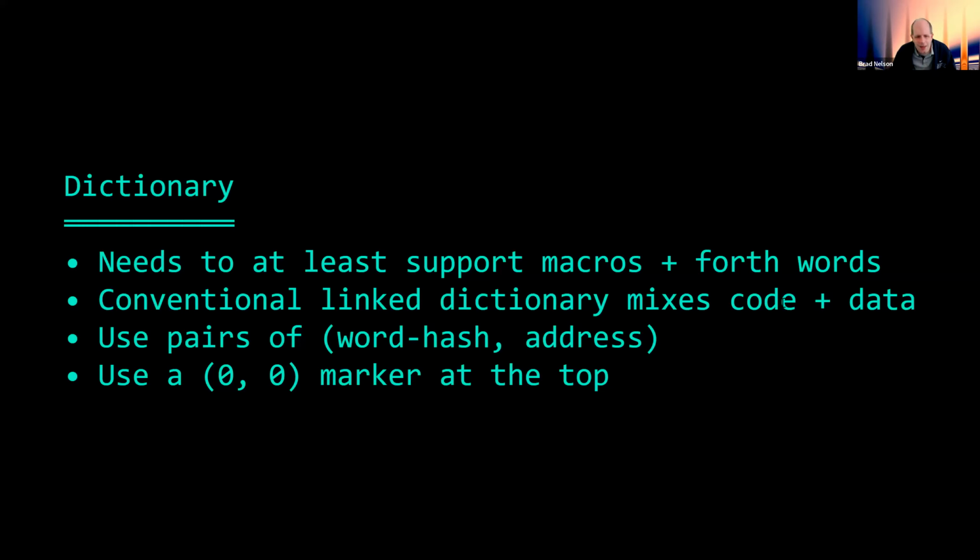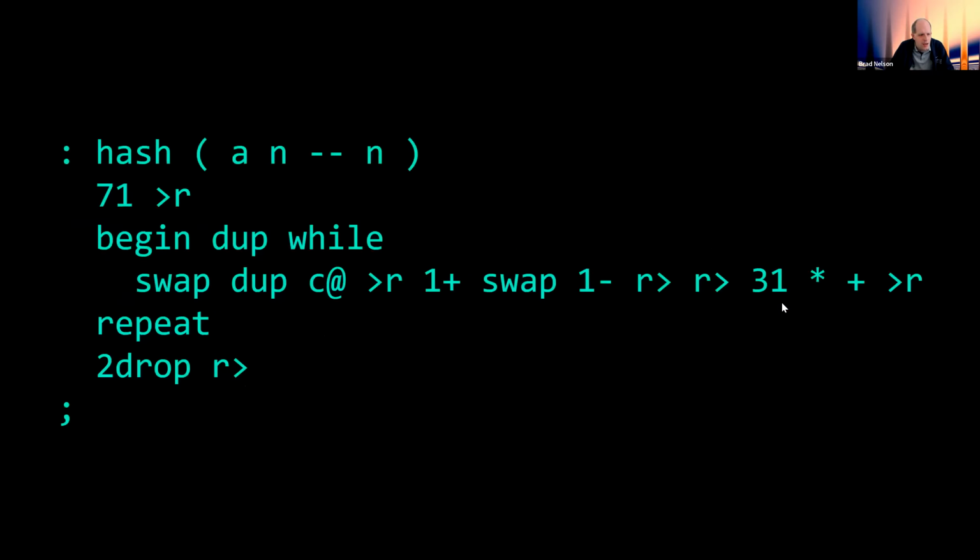64 bits is a lot. If you hash a word into a 64-bit value, you're not going to get a lot of collisions. And so the format I've at least currently been aiming towards is hashing the characters of the word, and then storing an address, and then just storing these as a series of pairs, and using 00 as a marker up at the top.